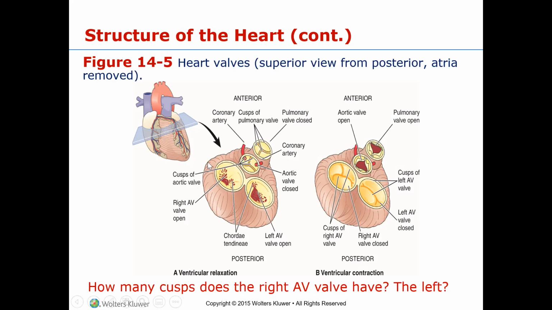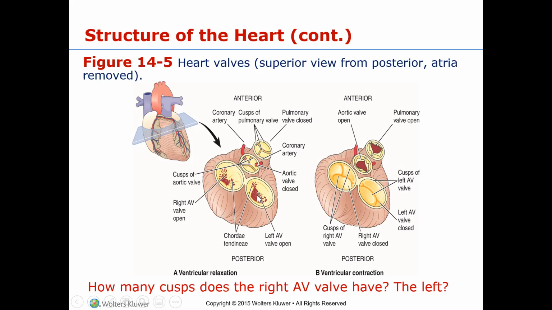So here you have 3 cusps, 3 divisions, 1, 2, and 3. So this would be the tricuspid valve, which is also known as the pulmonary valve. And then we have the aortic valve here, and that is going out to the aorta.